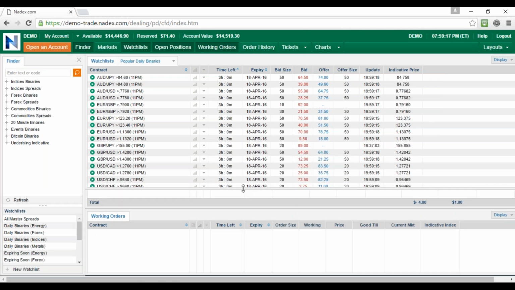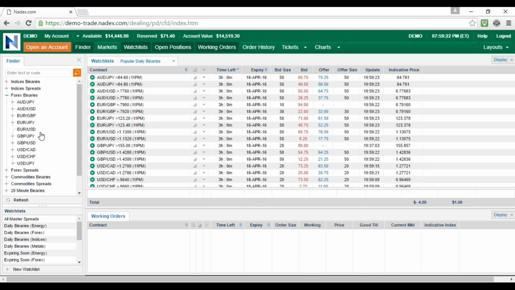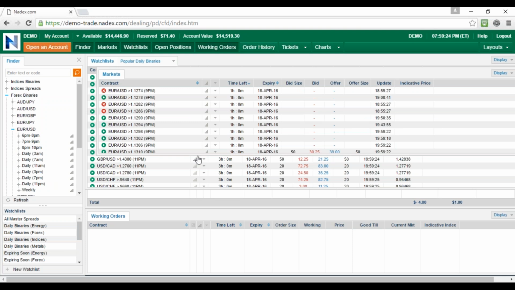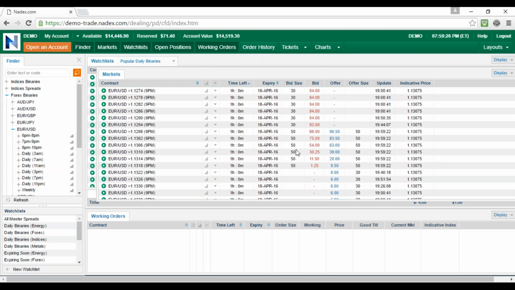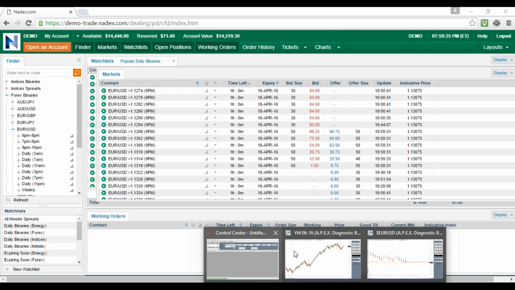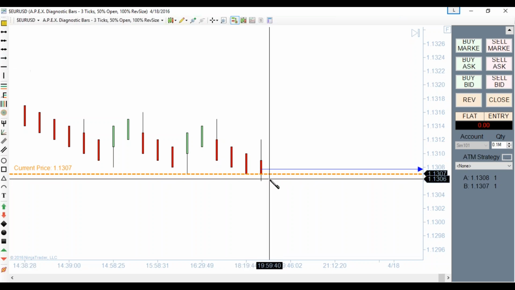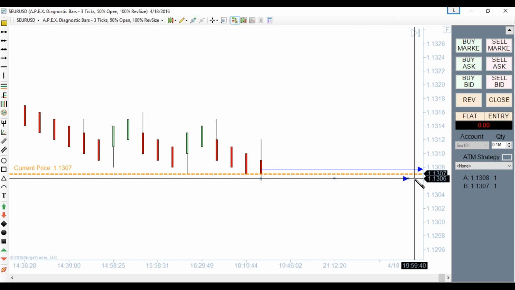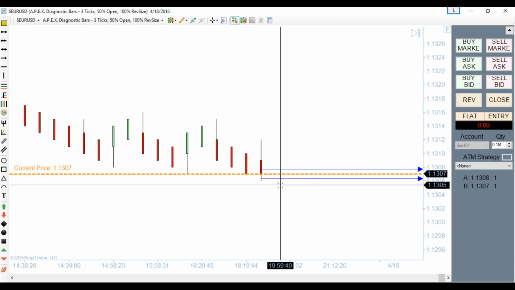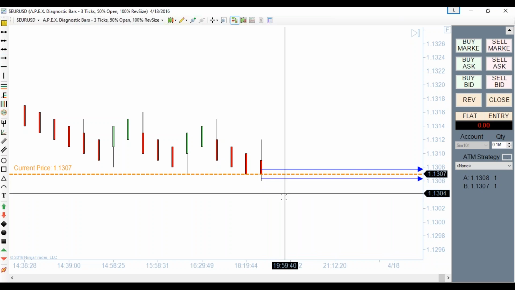Let's see here, binaries, euro dollar, 9 p.m. 1306. I can buy this binary for 63 bucks at 1306. All right, so right here is 1306. Everybody see that?